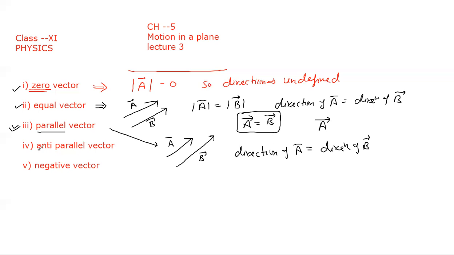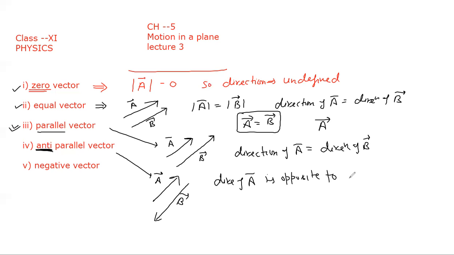Now the anti-parallel vector. Anti means opposite. If vector A is in this direction, then vector B is opposite to vector A. So in this case, the direction of vector A is opposite to the direction of vector B. Okay, so anti-parallel vector is clear.